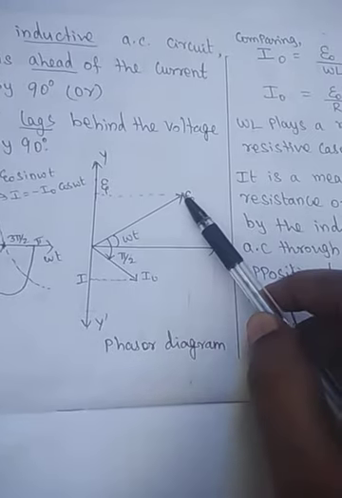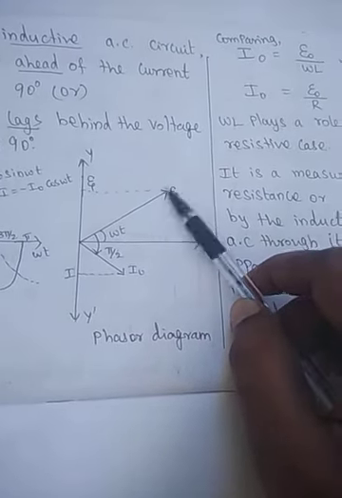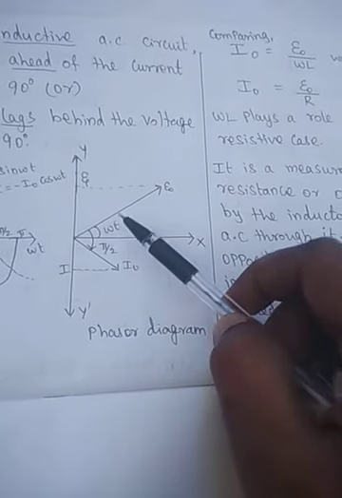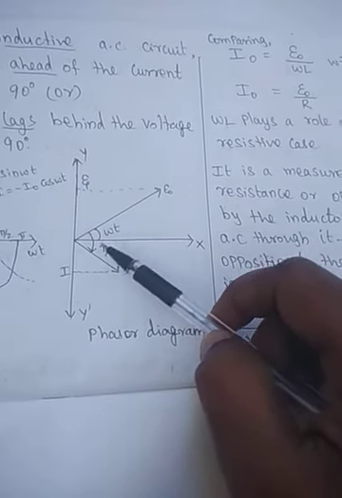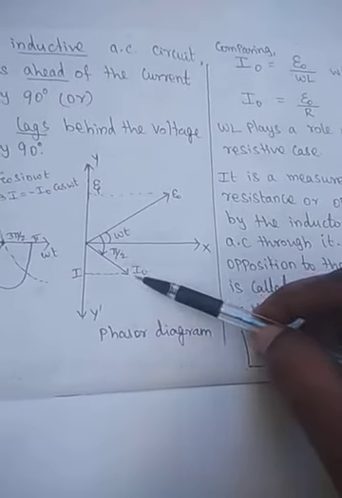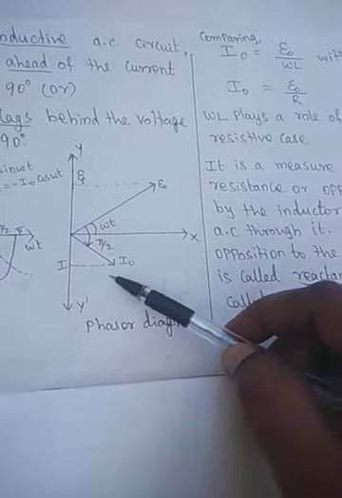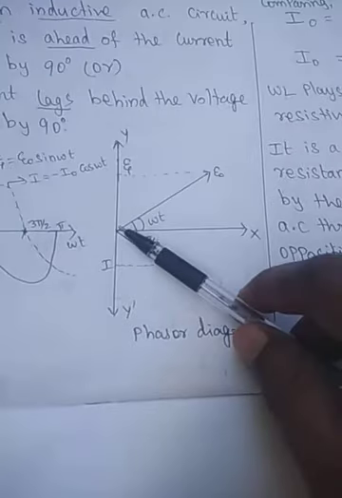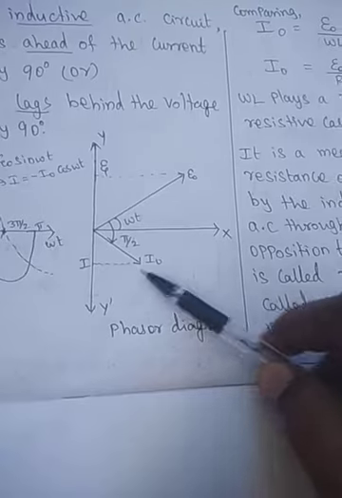As usual it shows the EMF phasor at angle omega t. But what about the inductor current? The inductor current is 90 degrees behind the EMF value, so it comes down. Because it is minus I naught, it comes to the negative side of the I naught value.